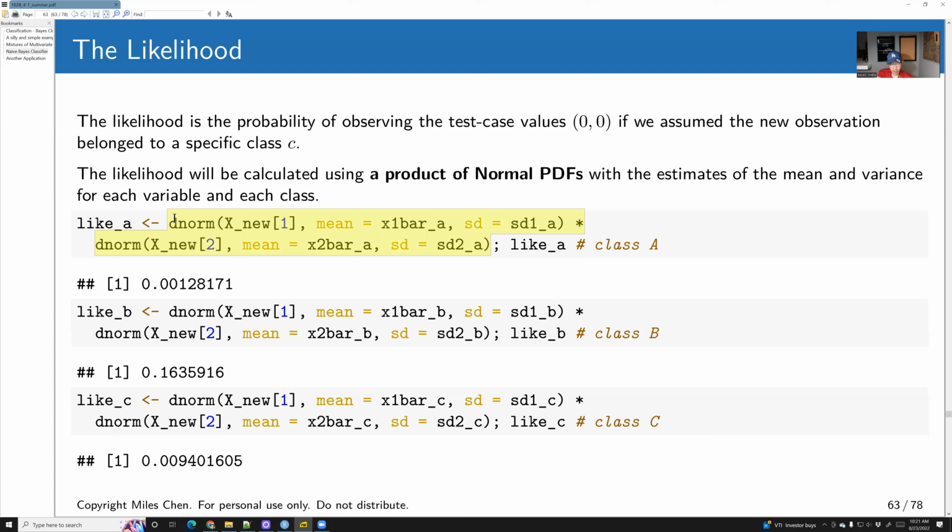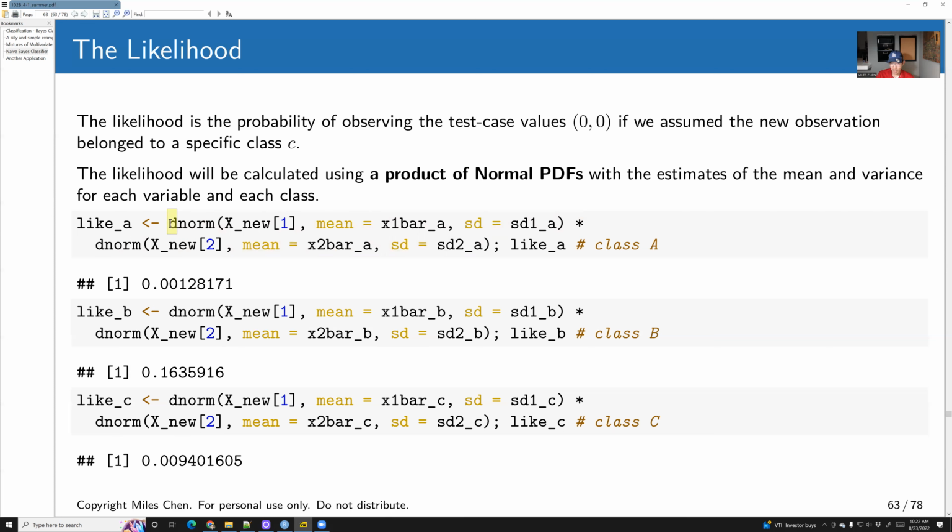I want to give you a hint for the next homework. Homework 4 is coming up, or I've just posted it. I'm going to have you do some Bayes classifier, naive Bayes classifier. One mistake that a lot of students make is they don't use the normal density, but instead of the PDF, they use the CDF.